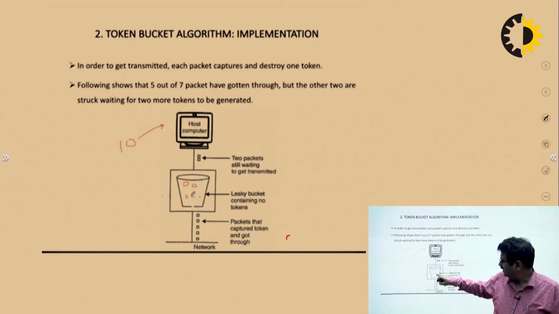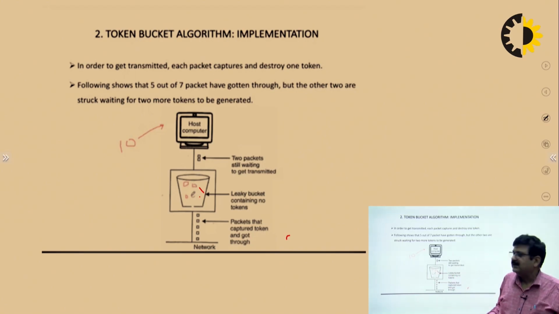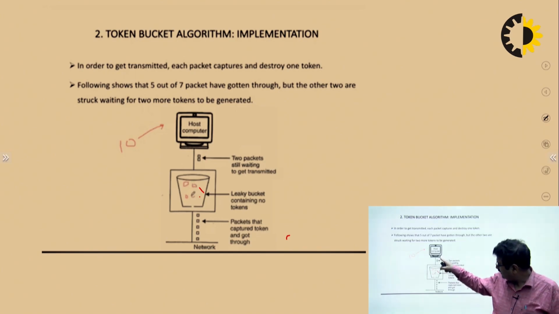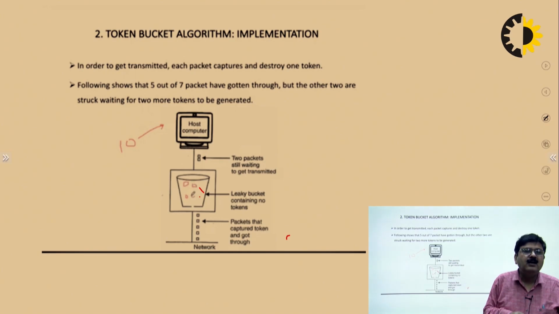If there are 4 tokens and 4 packets, they are transferred, but the other 2 packets have to wait until 2 more tokens come in. When the 2 tokens come in, those 2 packets are transferred.